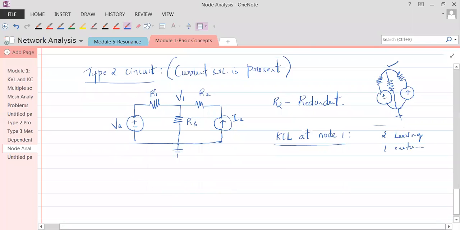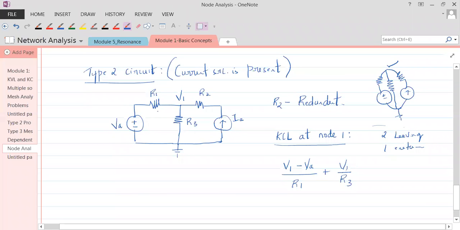I'm not marking anything here now. I'll just write this is V1 minus VA by R1 plus V1 by R3. So these two are leaving currents. V1 minus VA by R1 is this. V1 by R3 is this.